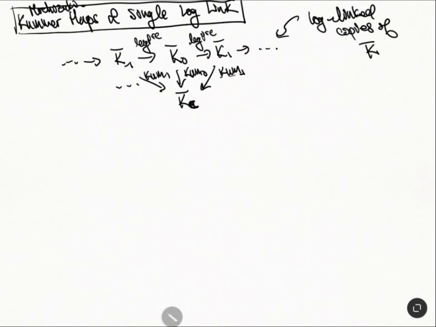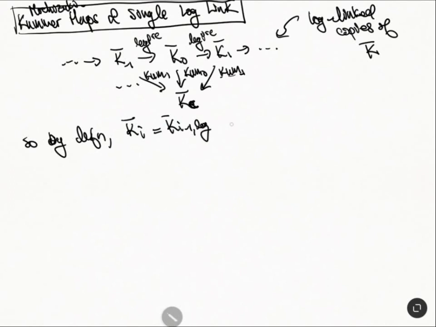And so all of these fields are log-linked by definition. We'll have something like K_i bar is K_{i-1} log.